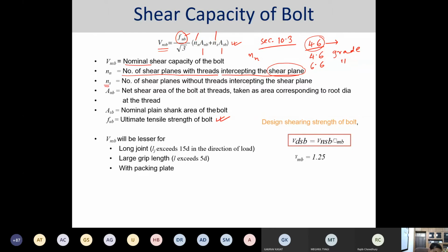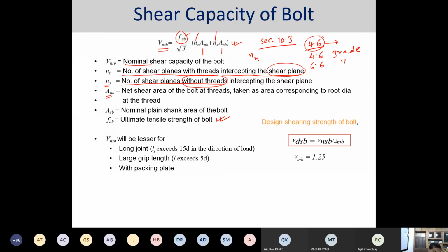What is NS? NS is the number of shear planes without thread. That means the number of shear planes going through the shank area, not the threaded area. What is ANB?